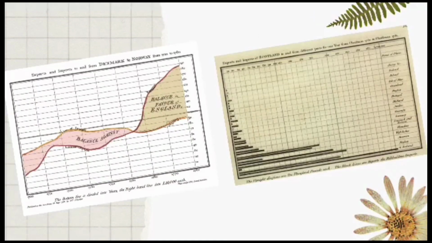The picture on the left is a line graph showing England and Scandinavia's import-export balance for the 18th century from Playfair's 1786 Political and Commercial Atlas. The second picture on the right is actually the world's first bar chart, from the Commercial and Political Atlas, and shows the relative importance of Scotland's trading partners.